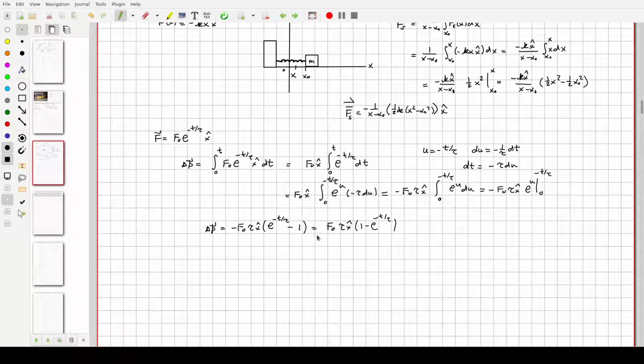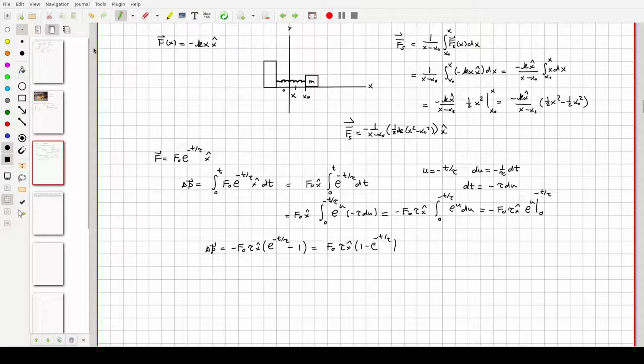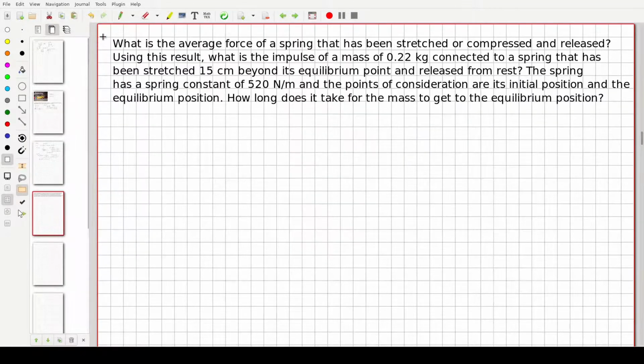Now, just as an example. Now, that said, what I would like to do is to take this one for the spring, and we're going to apply it. So let me just copy that real quick, and then we'll go over here and paste it right here. And I've got this problem right here.